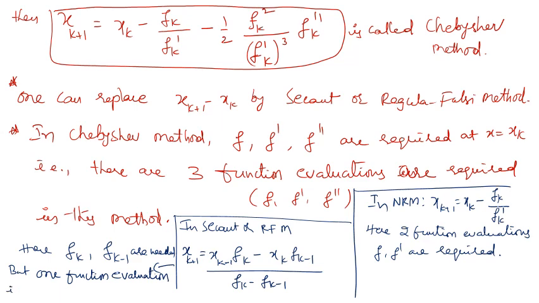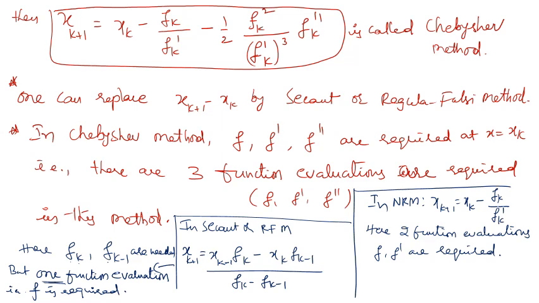Fk minus 1 does not mean two function evaluations; only one function f of x is evaluated at 2 points, so only one function evaluation is required. Okay, this is the function evaluation.